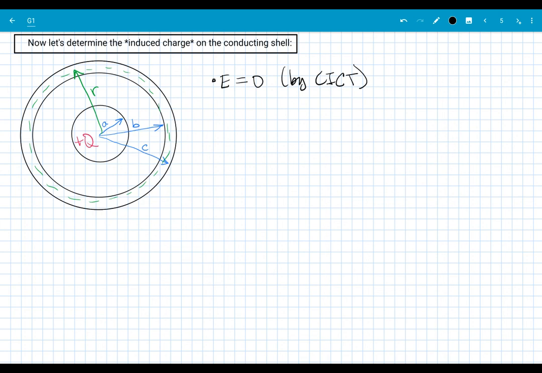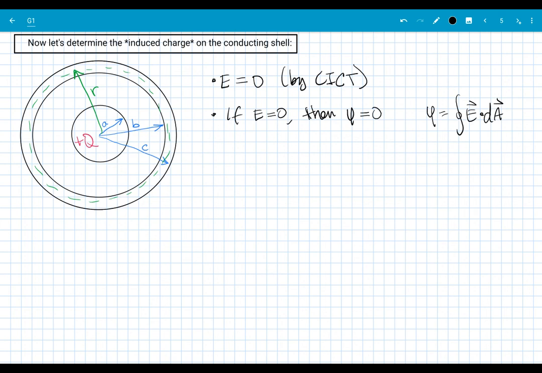And then what I can say is, if my E field equals 0, then flux equals 0. And that's by the definition of flux. Remember that flux is the integral of E dot dA. So if you crank that integral and set E to 0, it's going to take the whole thing to 0, right?